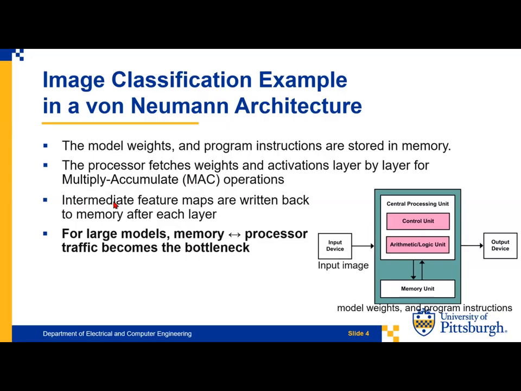The intermediate feature map is written back to the memory after you compute the result, right? So for a large model, you will have a lot of traffic between the memory and the processor. As the model size increases, the bottleneck will be the memory.